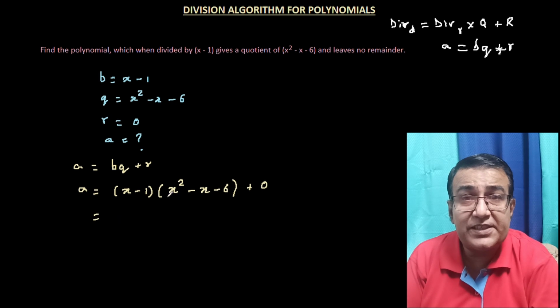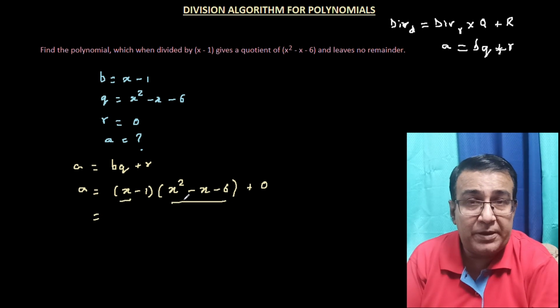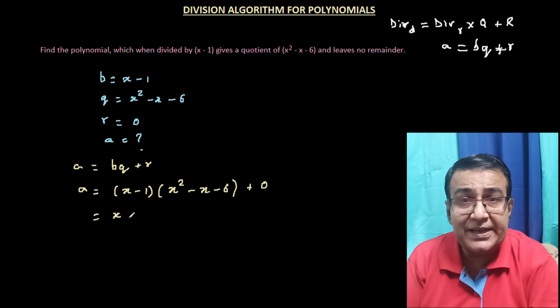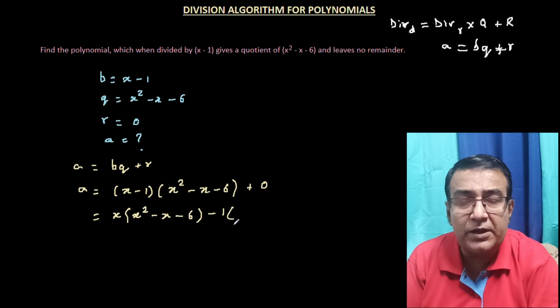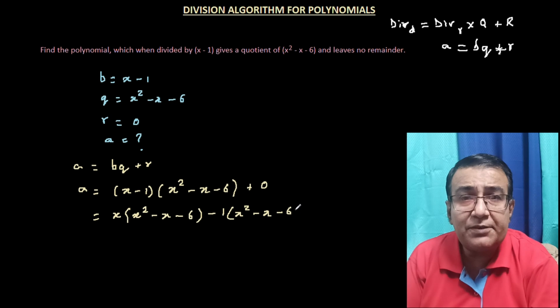So we have to multiply these two. Let's take x, multiply it by the complete thing, so within brackets we'll write x squared minus x minus 6. Then we take the other term, minus 1, and multiply by the complete thing, x squared minus x minus 6, and we add 0 to it.